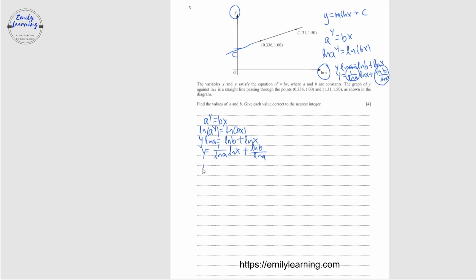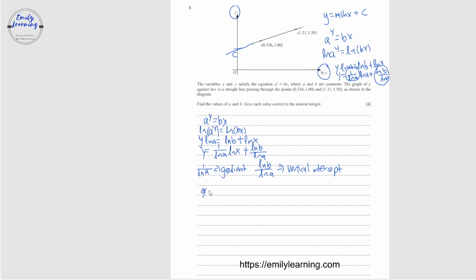So I know that 1 over ln A is the gradient. I also know that ln B over ln A is the vertical intercept. So once that I have this, what do I do next? Well, I'll find the gradient and the vertical intercept, and from there I can find A and B. Okay, so let's do it.